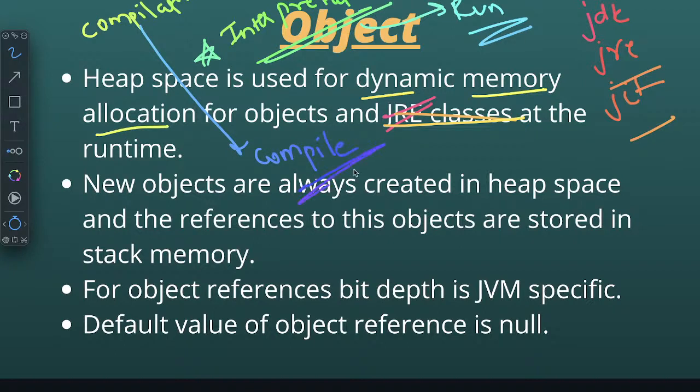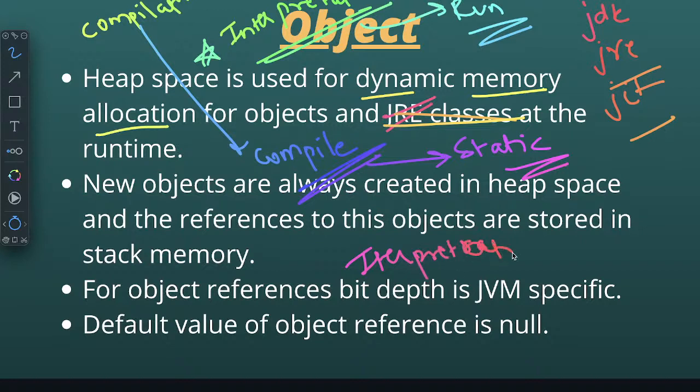The compiling part is a static part that happens at compile time, while the interpretation task, that is done by the JVM, is a dynamic part. Dynamic means that it happens at runtime.